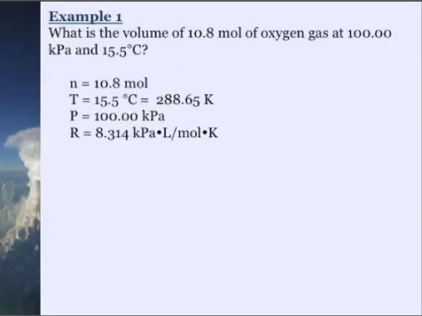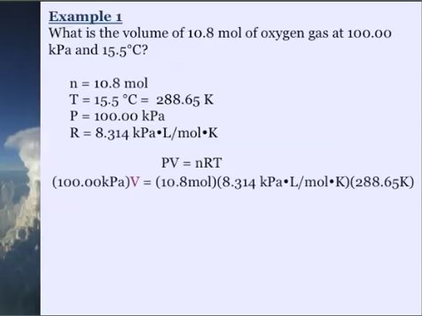Again, I would like to see the volume is equal to question mark, or what you don't know. Here's my formula. Here's my substitution. If I manipulate the equation such that I solve for volume, I'm given 259.1 repeating liters, and for proper significant figures, 259 liters.